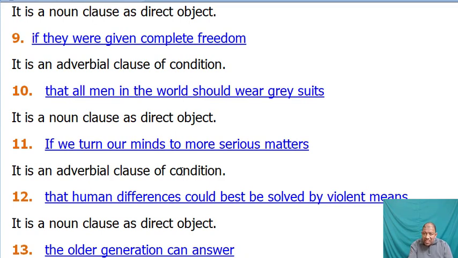So grammar is an accurate discipline. It requires massive efforts if you want to understand it, because we have different cases, and each case is completely different from another case.